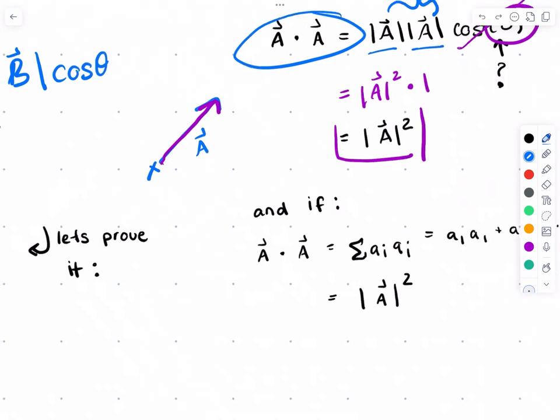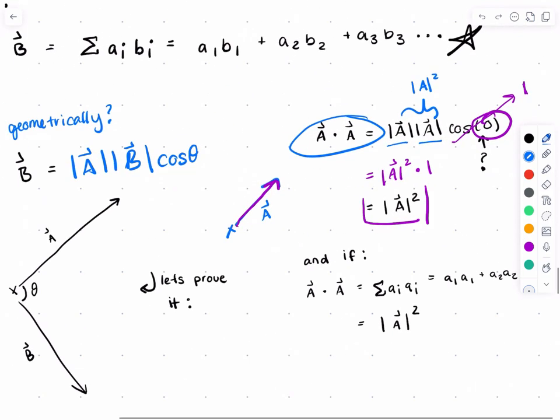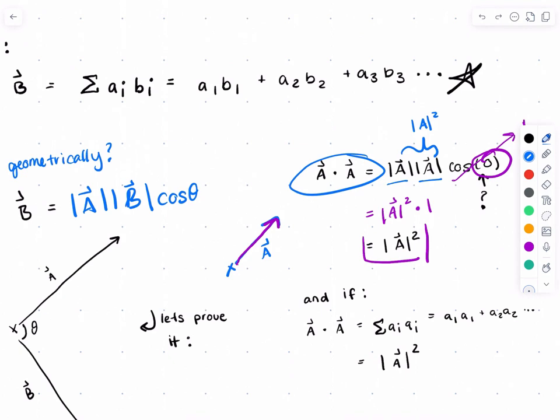This will go on for however many components of A I have, which will ultimately result in the length of A squared, which means that my definition shown up here will remain true, proving that A dot B will equal the length of vector A times the length of vector B multiplied by the cosine of the angle between them.